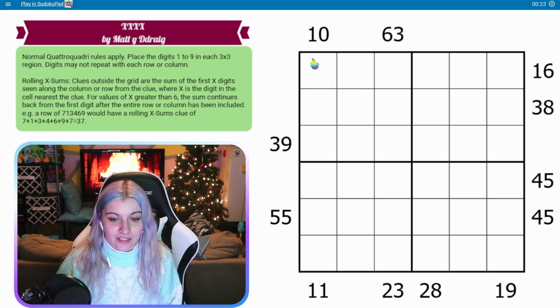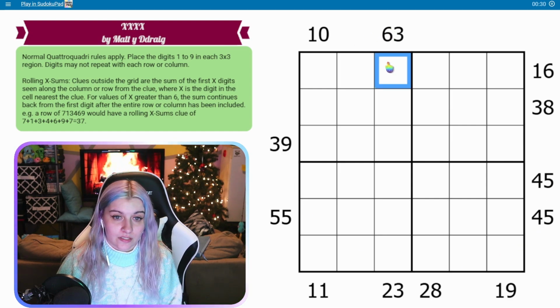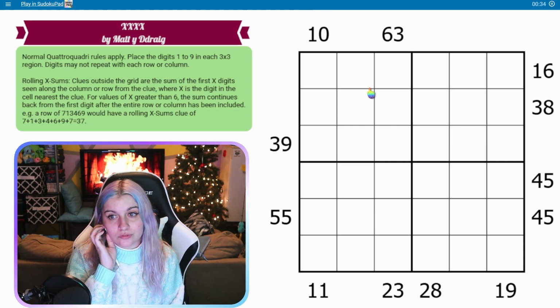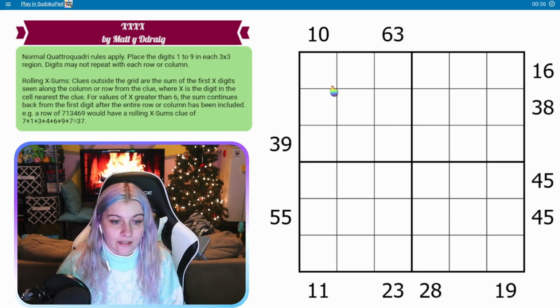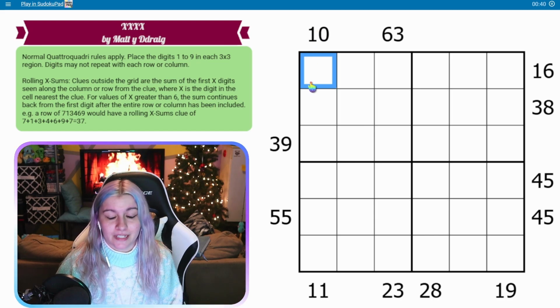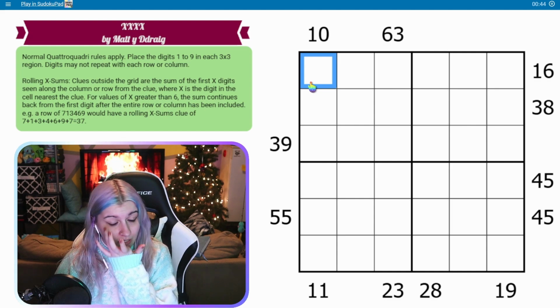Do you want to look at, I think this is the smallest number, the 10? And I think 63 is the biggest. Do I maybe want to look at those? Yeah, I mean, why not? What's the smallest this could be? Or the biggest, let's think about the biggest this number could be. I definitely don't want to use a 1 on any of these X sums.